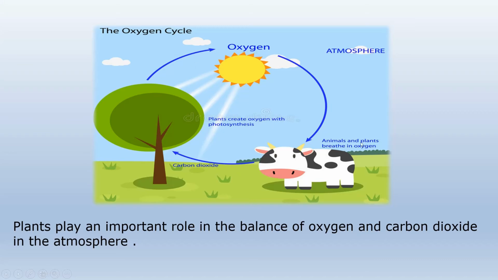The animals and plants breathe in this oxygen and breathe out carbon dioxide. And this carbon dioxide is again taken by the plants to produce oxygen through photosynthesis. So this is how plants maintain the balance of oxygen and carbon dioxide in the atmosphere. This shows the interdependence of plants and animals.